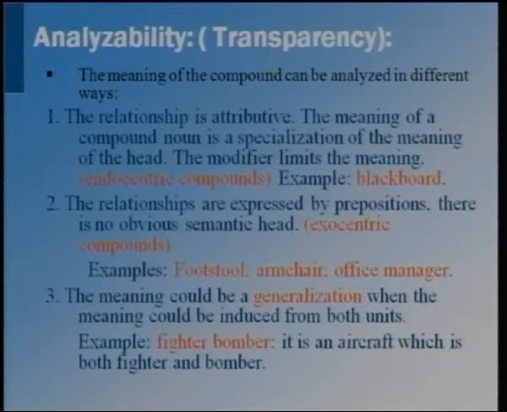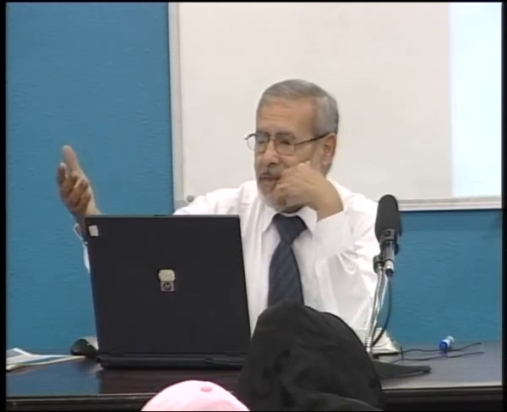Now, the meaning of the compound can be understood in different ways. This is called analyzability or transparency. The relationship between the compounds can be attributive, meaning the meaning of the compound can be attributed to the first element, can be deduced from the first element.